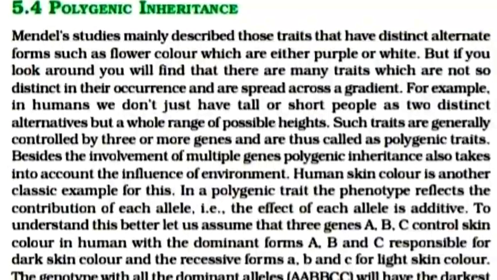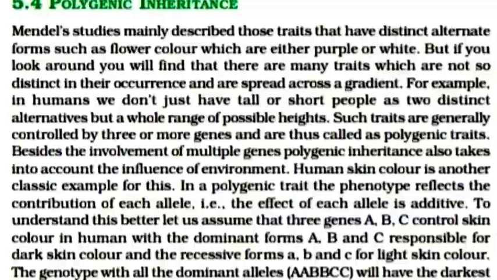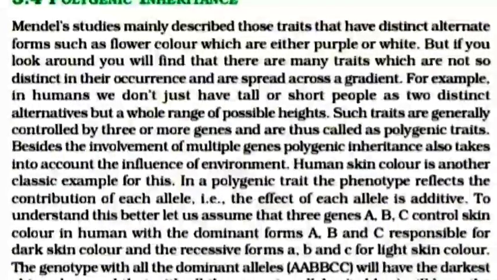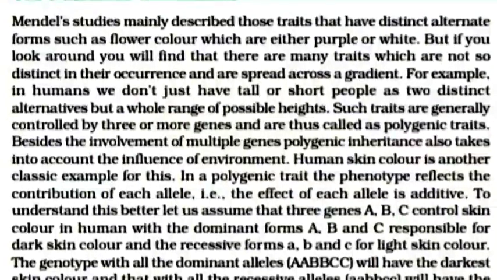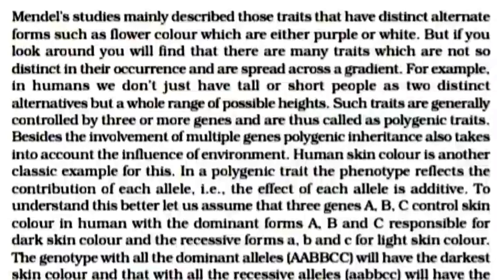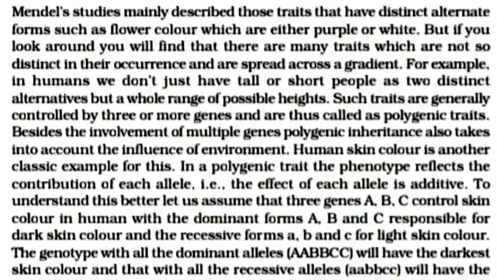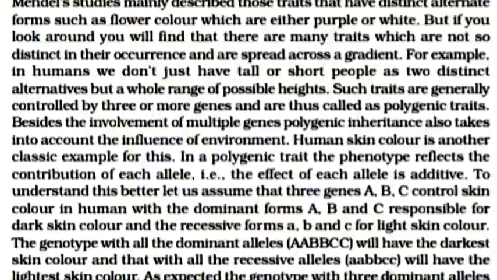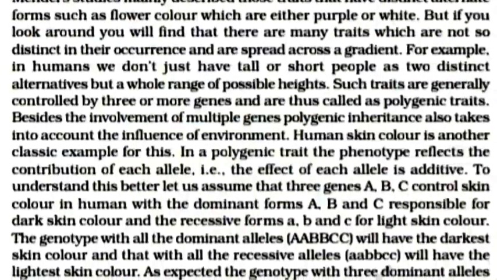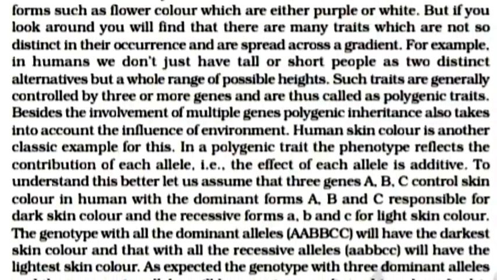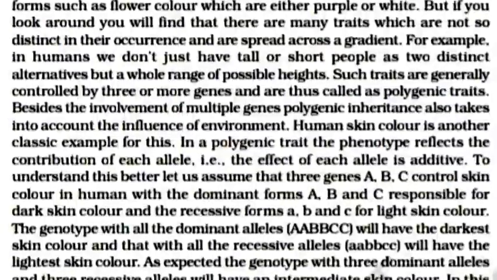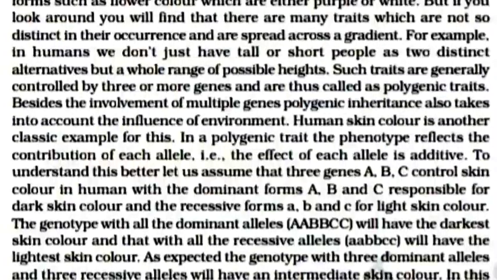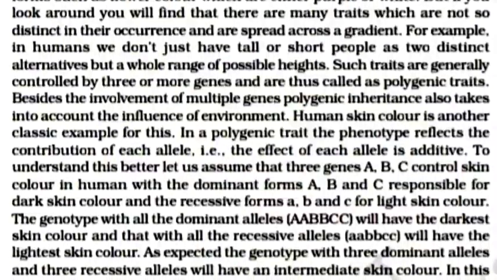Polygenic inheritance. Mendel mainly studied traits that have distinct alternate forms, such as flower color, which is either purple or white. But if you look around, you will find that there are many traits which are not so distinct in their occurrence and are spread across a gradient.